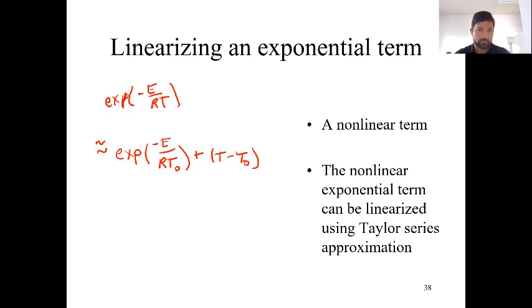So I'm just going to tell you what this is. The derivative of this term is going to be e over r t naught. The derivative of the exponent, you have to do the chain rule. So it's going to be e exponent of this term times the inner derivative. Let's see.